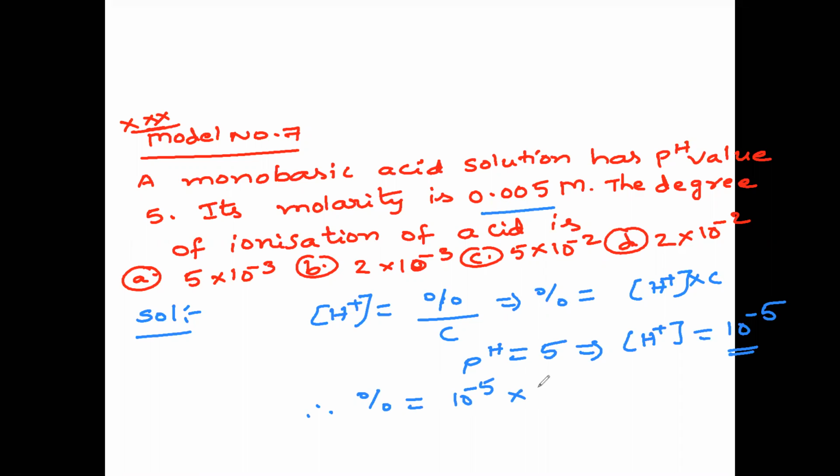That is 5 into 10 to the power of minus 3, because 0.005 can be taken as 5 into 10 to the power of minus 3. I'm writing here, please understand. So it becomes 5 into 10 to the power of minus 5 and minus 3. It becomes 5 into 10 to the power of minus 2.